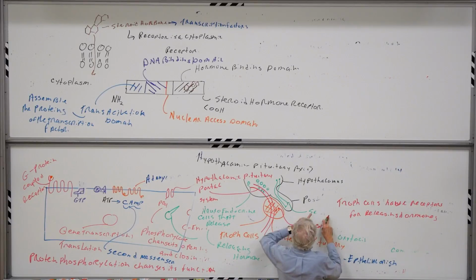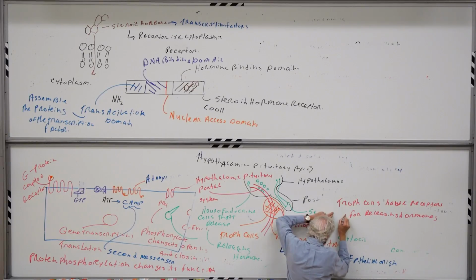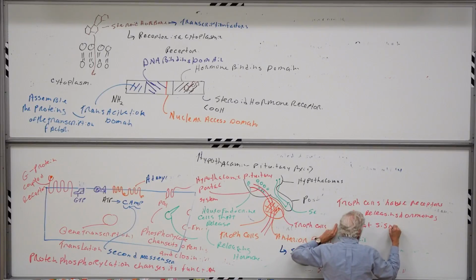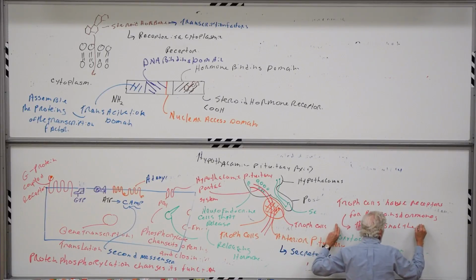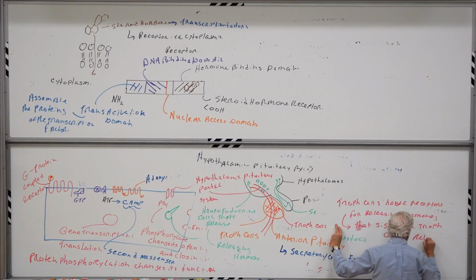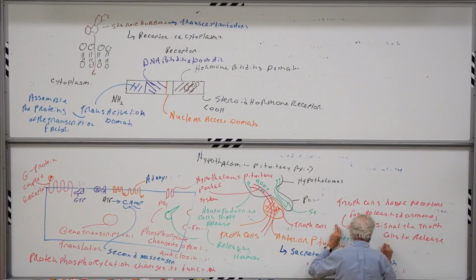The releasing hormones signal the troph cells to release stimulating hormones.